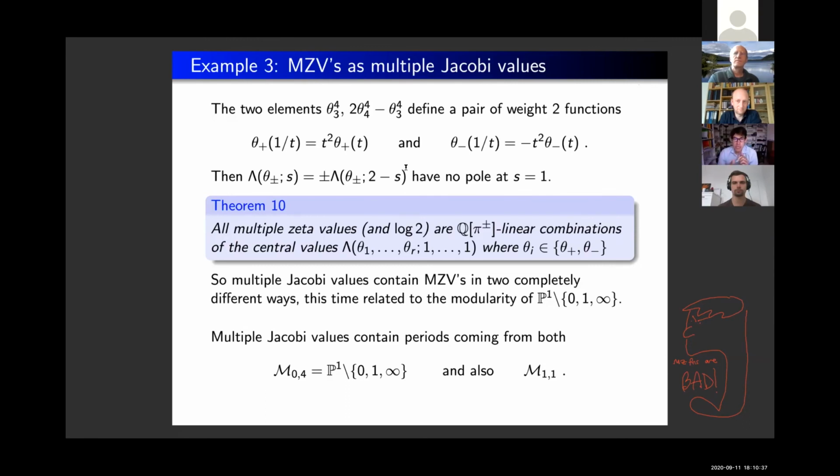But the other thing I would say is that in some very philosophical sense, but there's also a technical sense, in which all periods are iterated integrals of something.